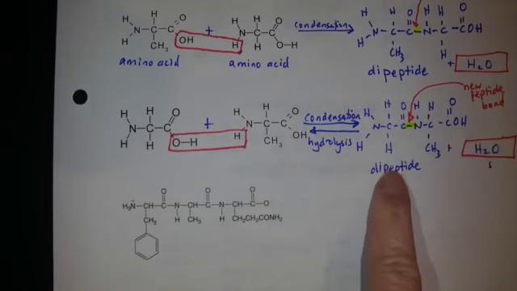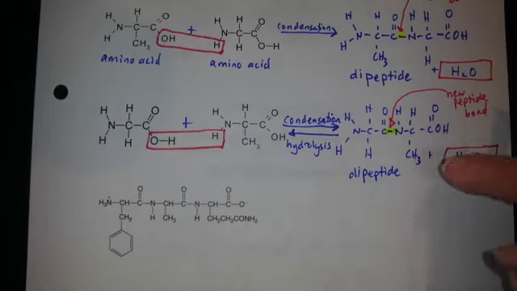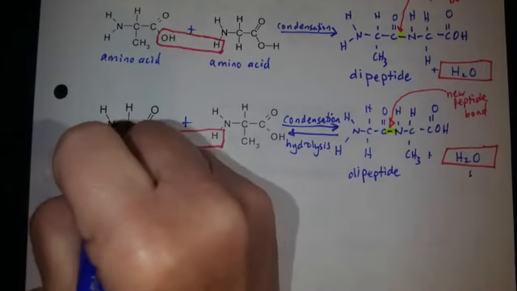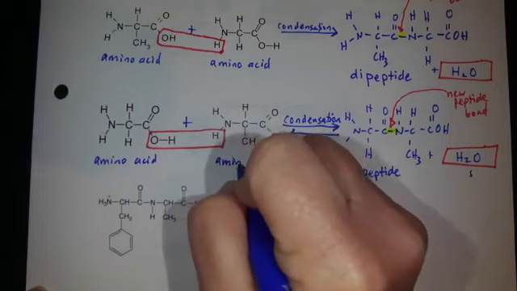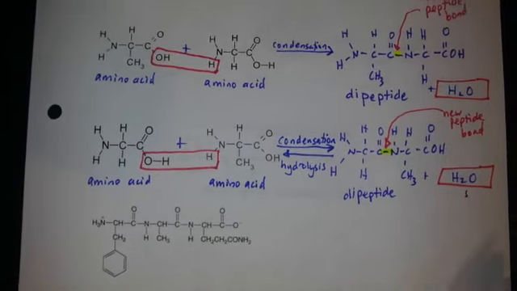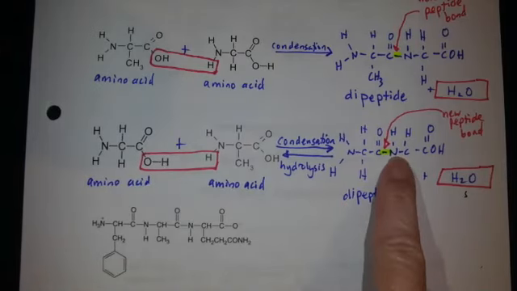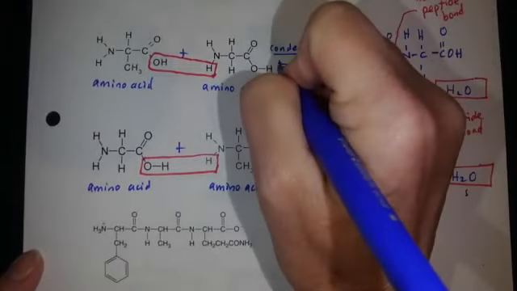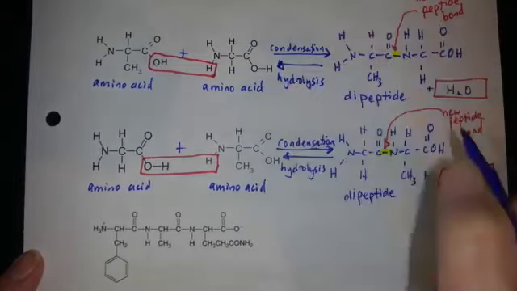A dipeptide plus water doing hydrolysis gets us back to the 2 separate amino acids. So hydrolysis is still what it always has been, the reverse of condensation. You break the bond. So with hydrolysis of a dipeptide, you break the peptide bond. Same as above, hydrolysis of the dipeptide breaks the peptide bond.